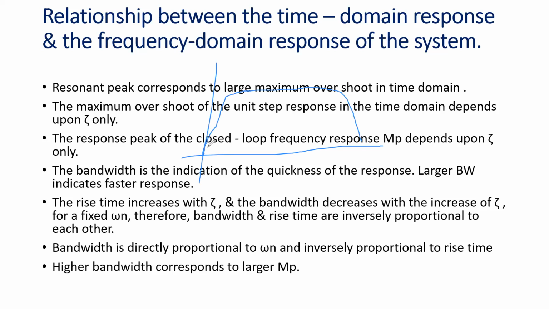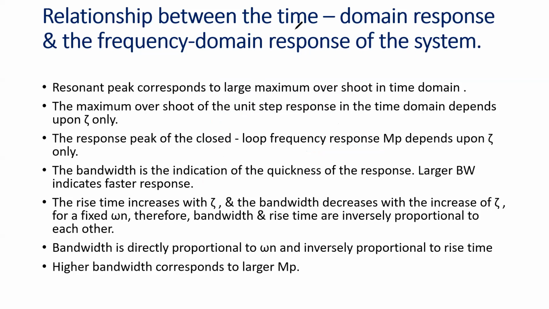Suppose I have something like this, then which has more bandwidth? This has more bandwidth, whereas this has lesser bandwidth. Which has the quicker response, which reaches 90% sooner? This one. So more bandwidth means quick response.